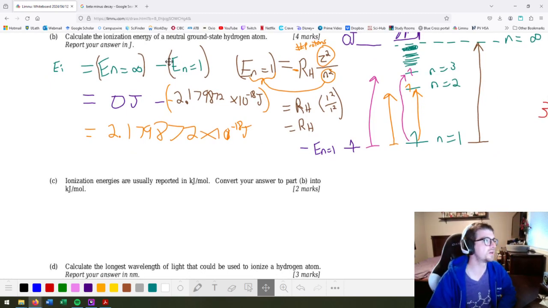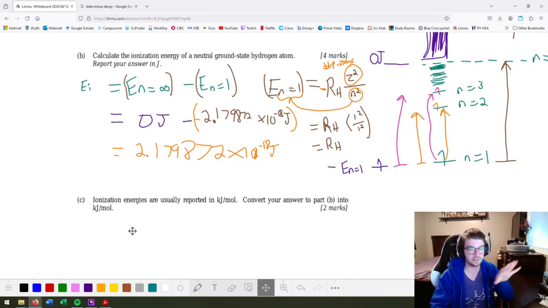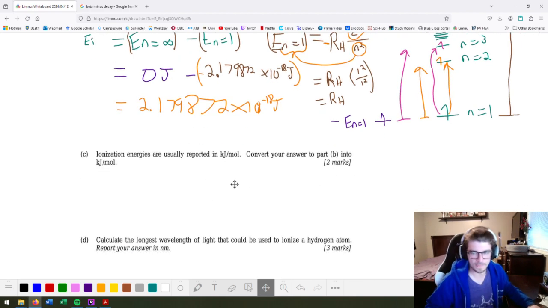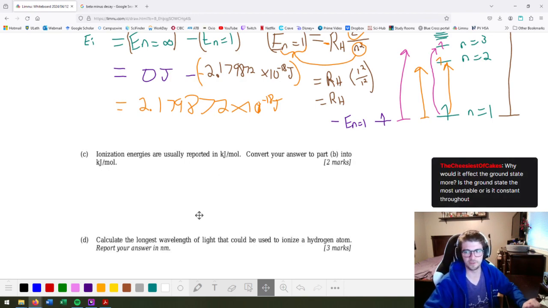Okay. So the third part of this, question C, is just converting joules to kilojoules per mole. That's kind of just a conversion.